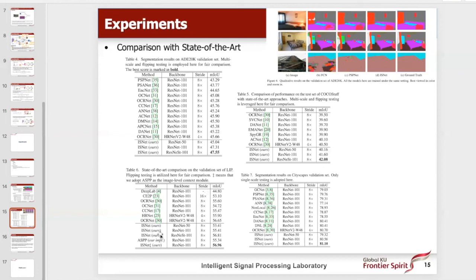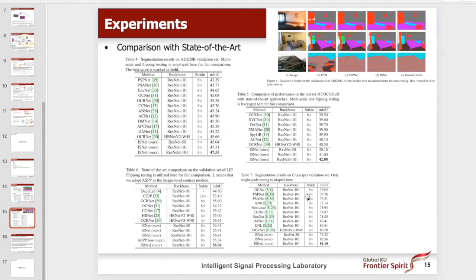So the authors replaced the image level context module with ASPP, and it also achieved comparative results. It can also show that the semantic level information is very crucial to improve the pixel representations.